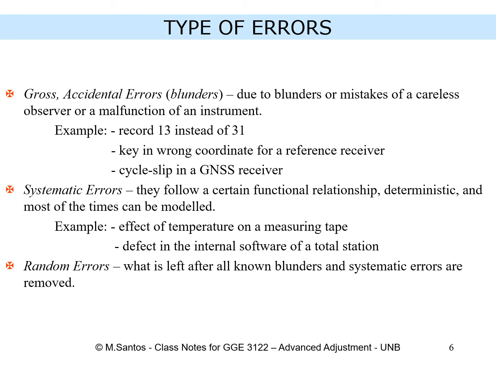Systematic errors are the ones that follow a certain functional deterministic relationship and most of the time can be modeled. For example, the effect of temperature on a measuring tape or a defect in the internal software of a total station. Random errors are what is left after all known blunders and systematic errors are removed.